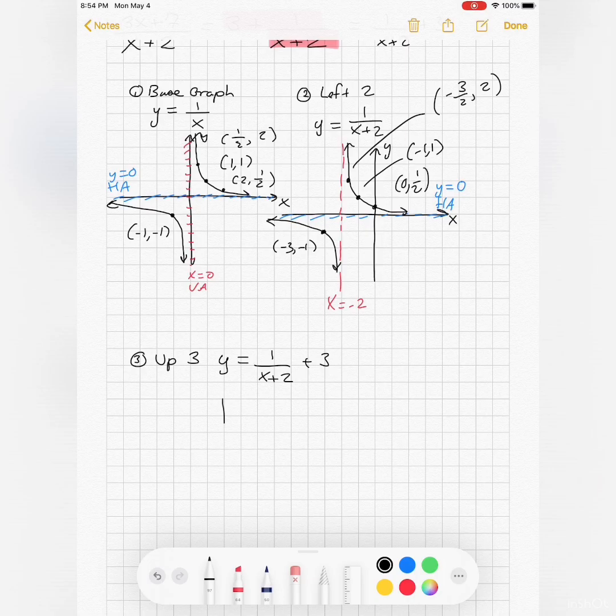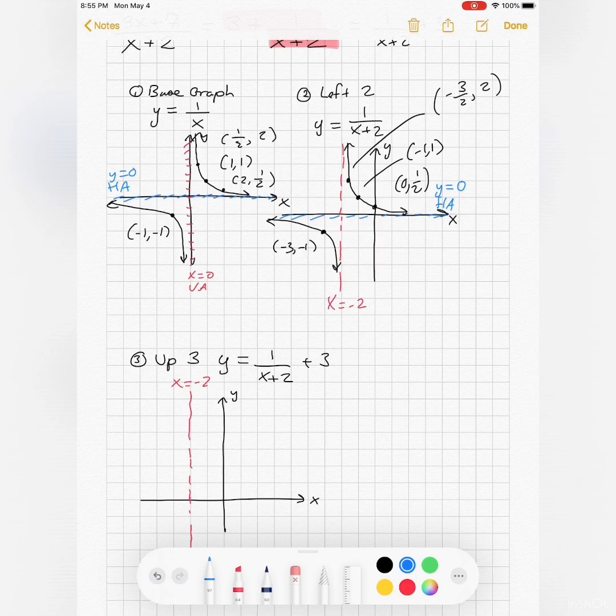I'm looking at the previous step, and I'm going to move everything up 3. Actually, I think I'll put my asymptotes on here first. The vertical asymptote stays.